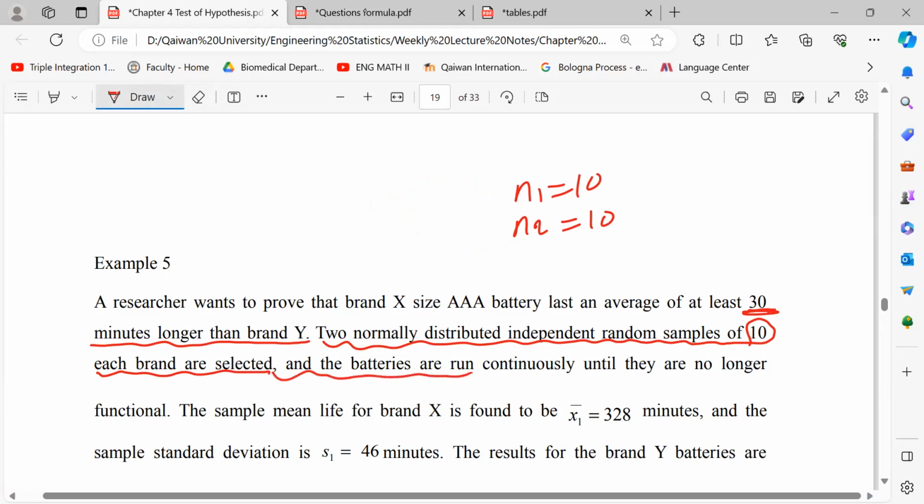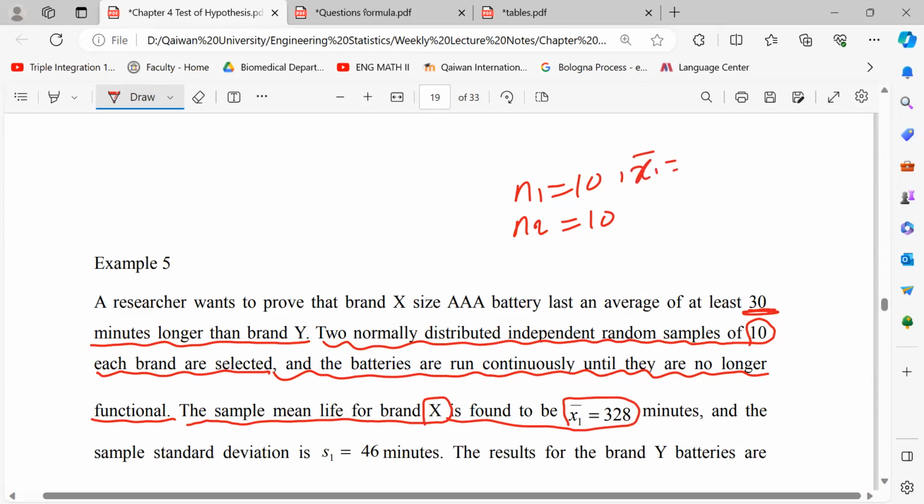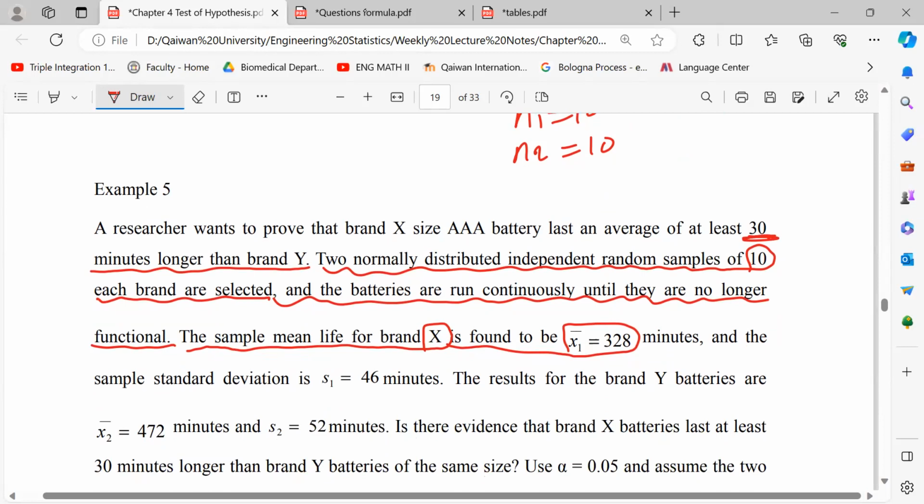And the batteries are run continuously until they are no longer functioning, until they are dying. The sample mean life for brand X, for the first brand, is found to be X1 bar is 328. And the sample standard deviation, S1, is 46.